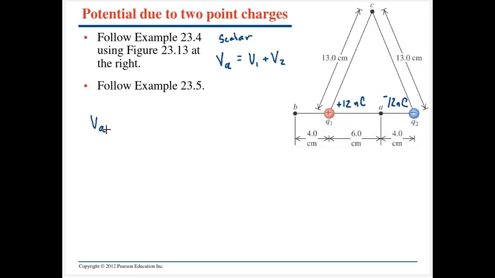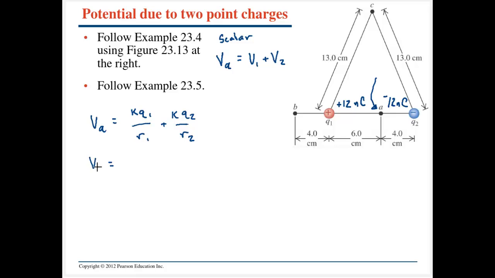So we could simply write the voltage at A as K times the charge 1 divided by the radius 1 plus K times the charge 2 divided by radius 2, where we know Q1 and Q2 are positive and negative 12 nanocoulombs respectively. Since we're looking at point A, it's a little bit closer to the negative point charge than it is to the positive point charge, so we would expect our voltage to work out to be negative at the end of the day.